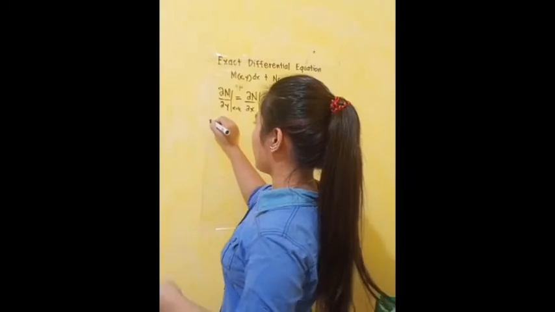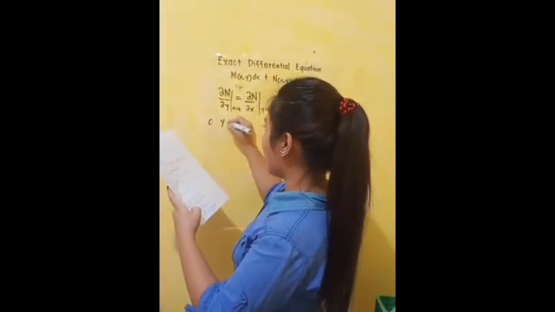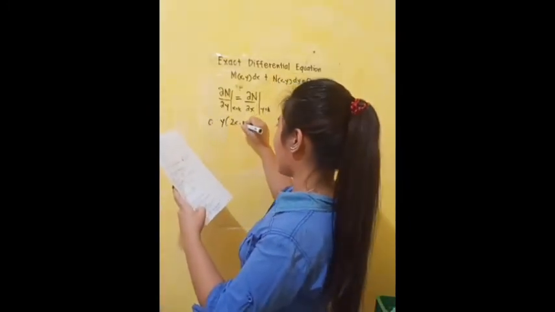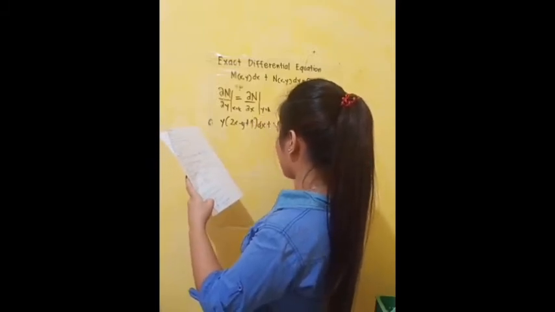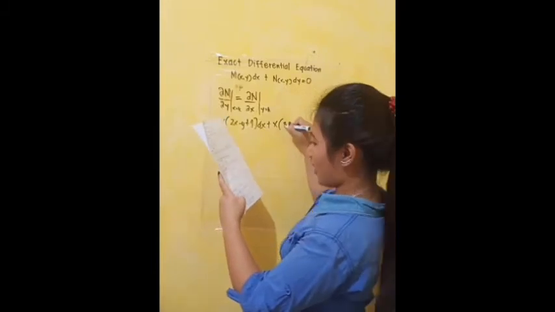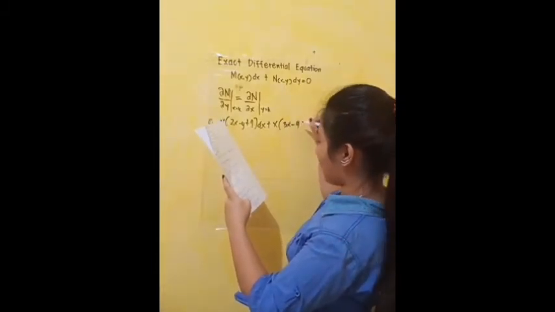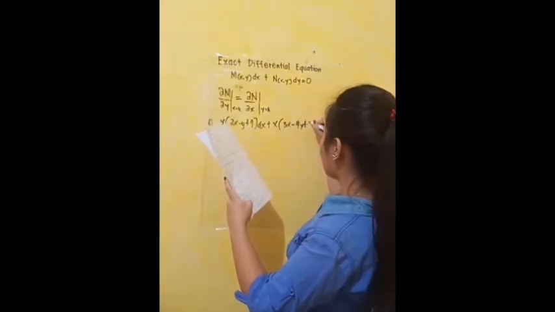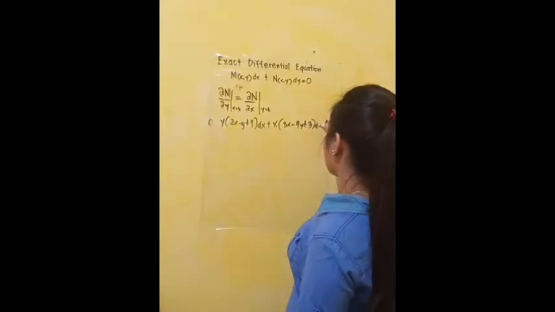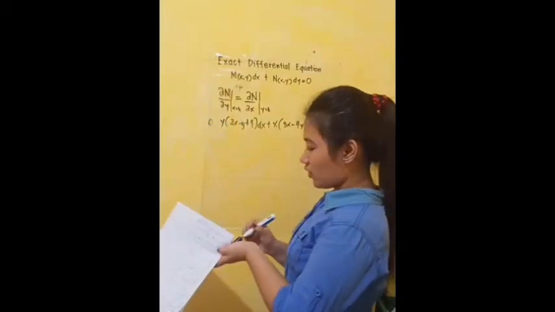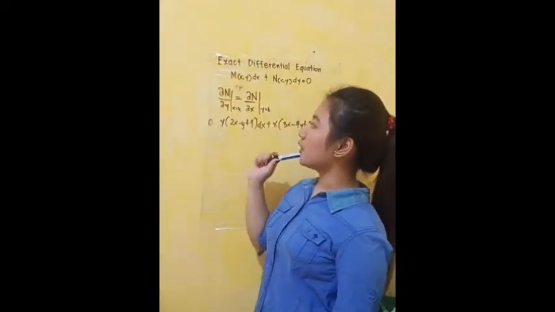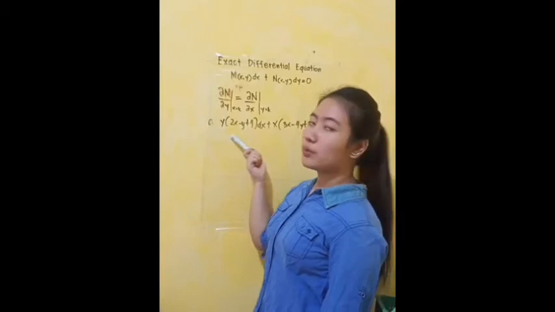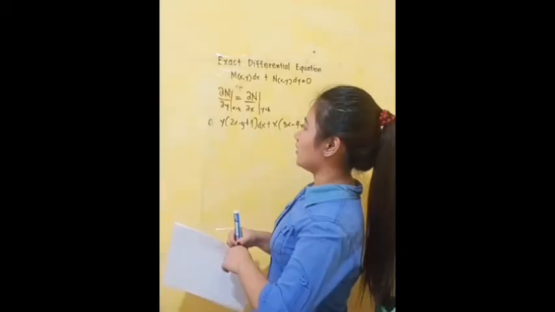Pumunta naman tayo ngayon sa example number 3. So, let's say we have y(2x - y + 1) dx plus x(3x - 4y + 3) dy is equals to 0. So, kapag ganyan yung nakita natin sa given natin, para mapadali yung buhay natin, i-distribute muna natin yung mga nasa labas.